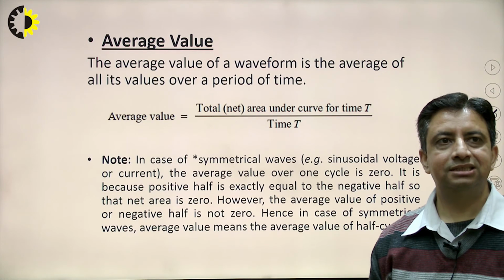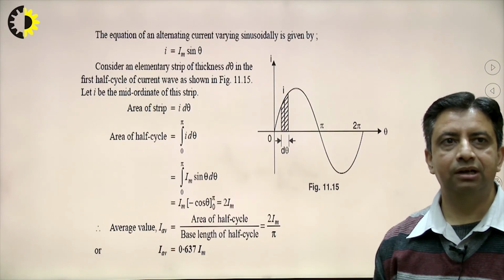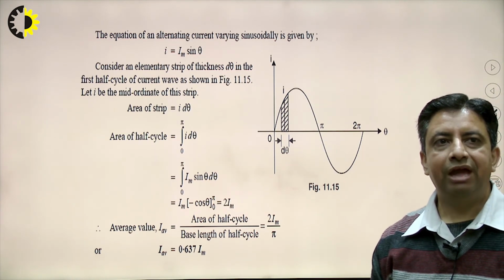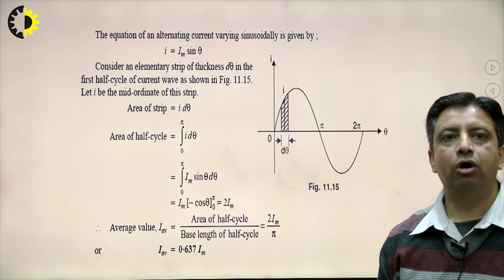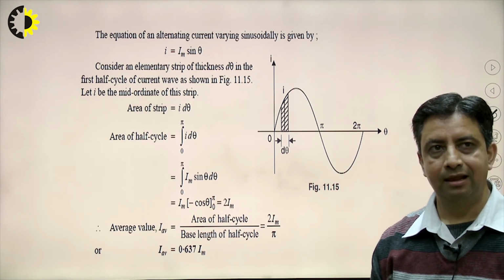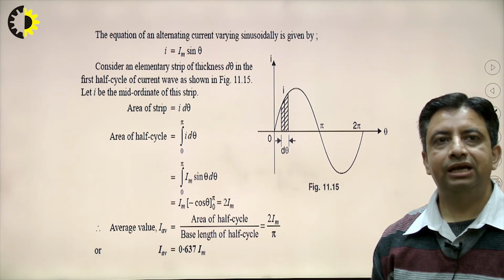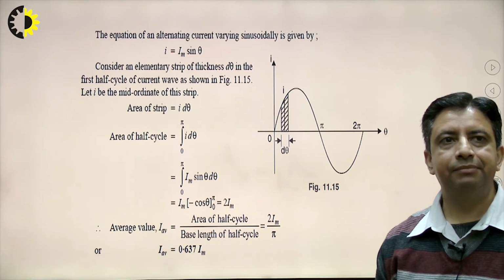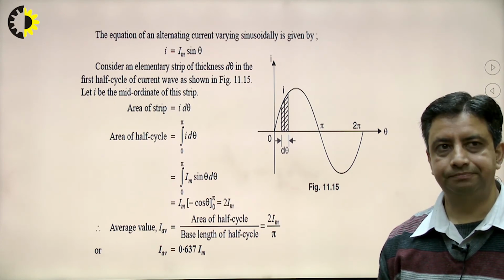Let us understand this average value with the help of an example. Here, I will find the relationship of the average value to the maximum value of current for any alternating sine quantity. Here you can see I have taken an alternating current sine wave. The small i represents the instantaneous value, Im represents the maximum value, and theta is the angle.